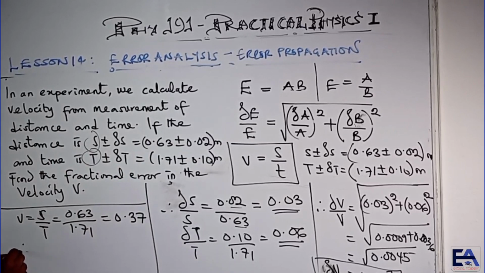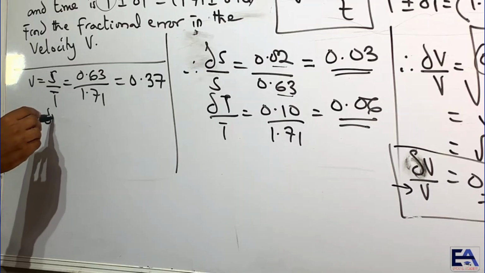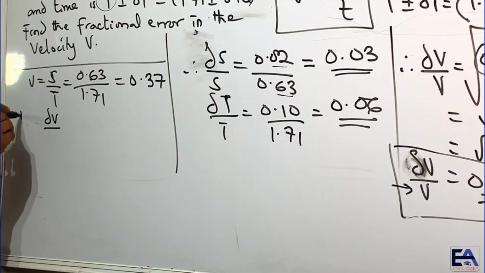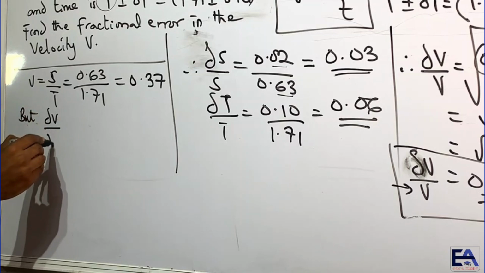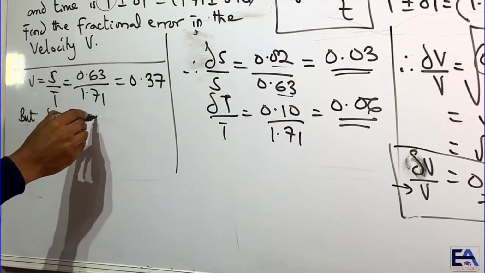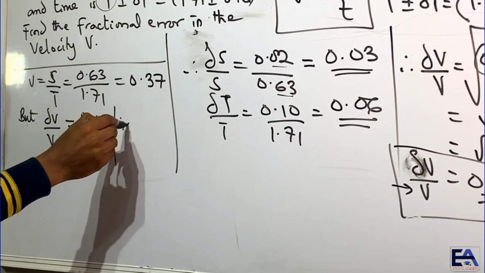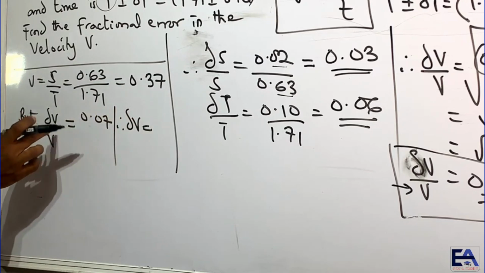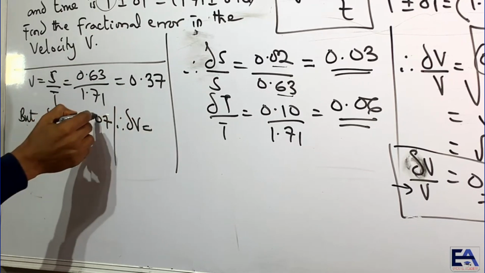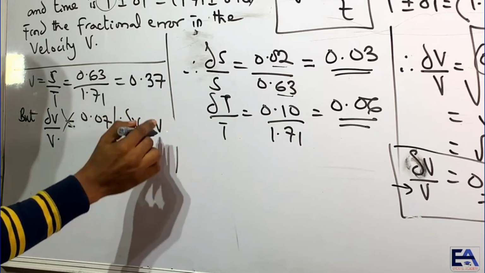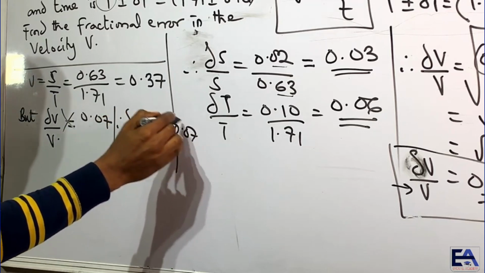So we know that del V over V is equal to 0.07, right? So it means that del V is going to be equal to, when you cross multiply, this times this, the actual velocity multiplied by 0.07, right?